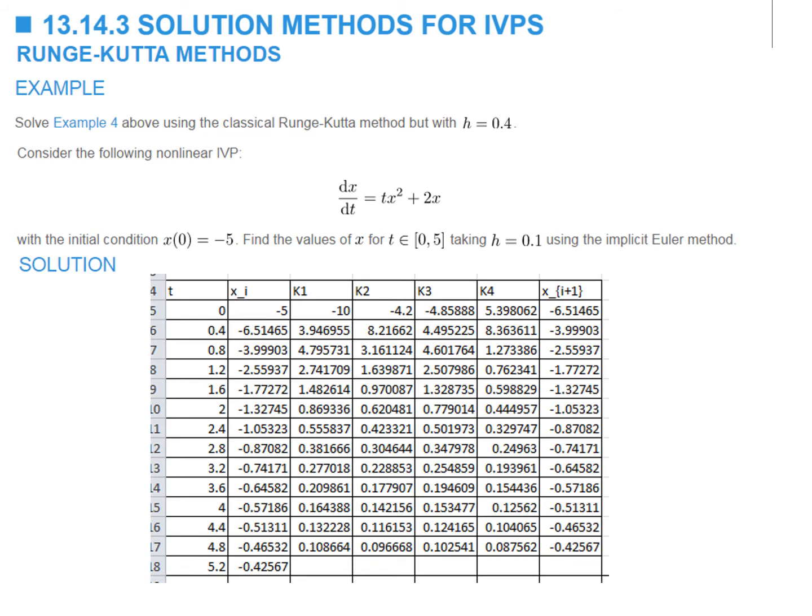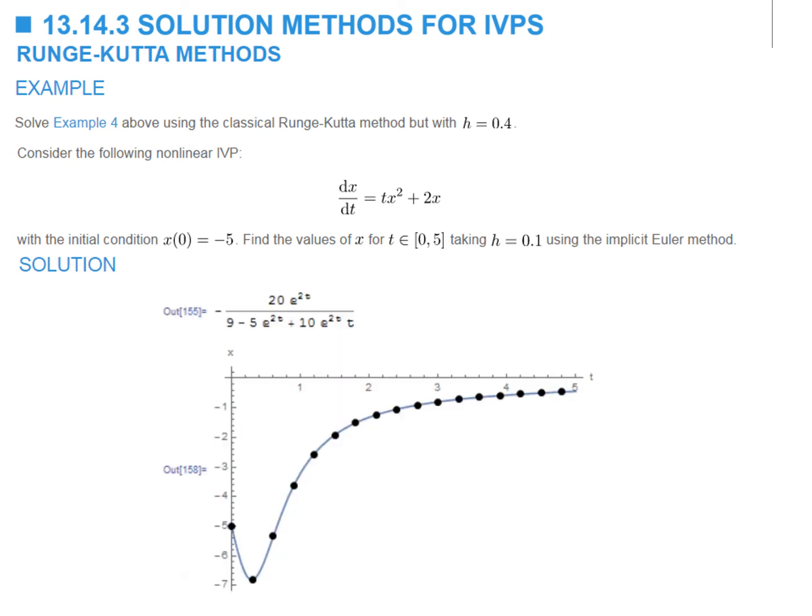Here's an Excel table. You can try to solve this example by hand, and you can use Excel and compare your solution to the solution given here or on the website. As you can see, here we are using h equal to 0.4.